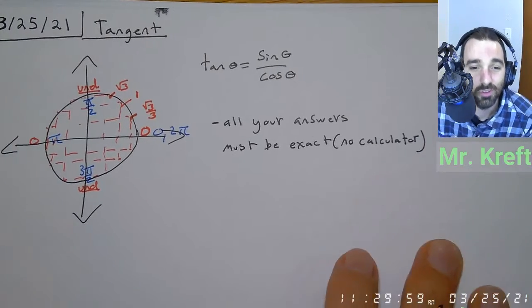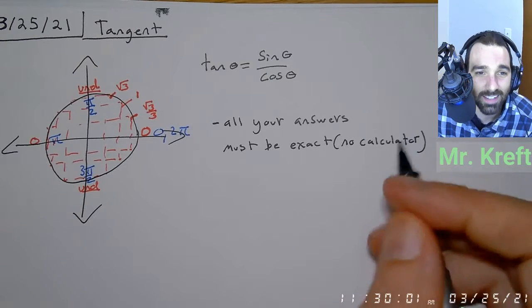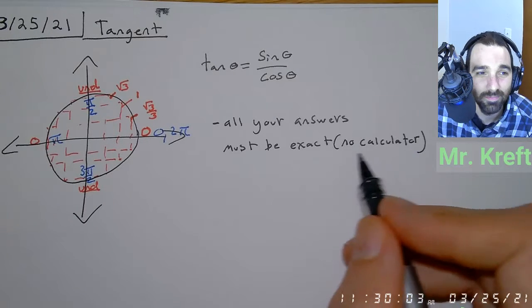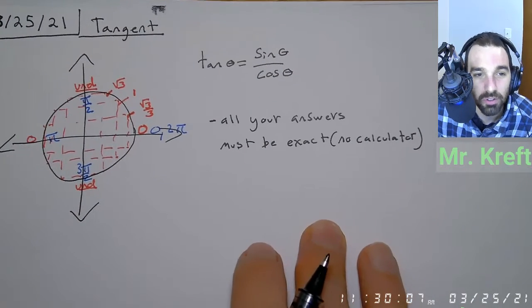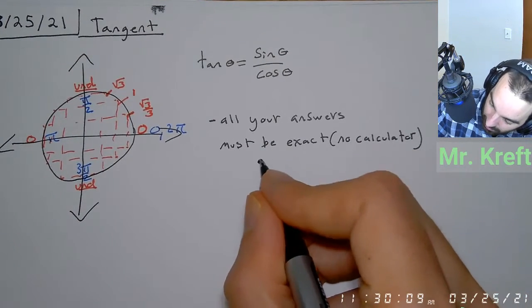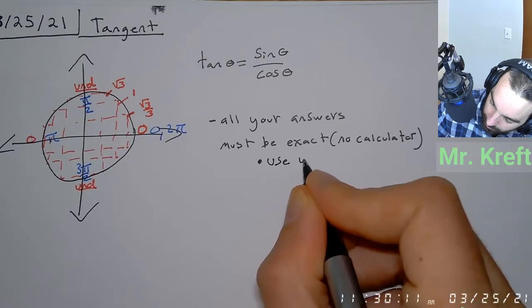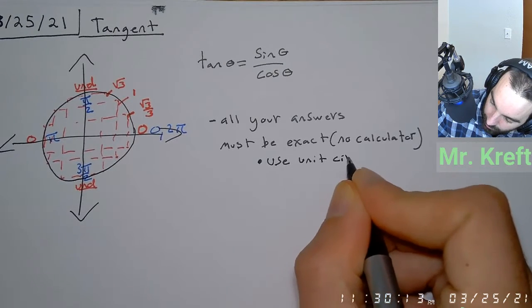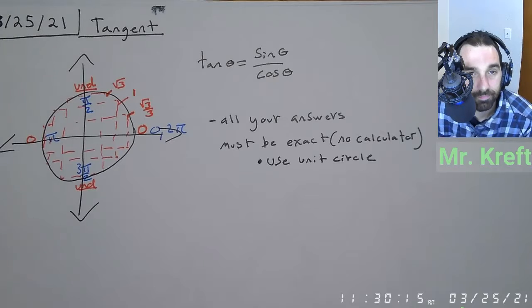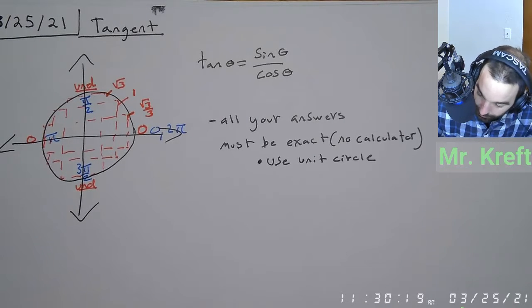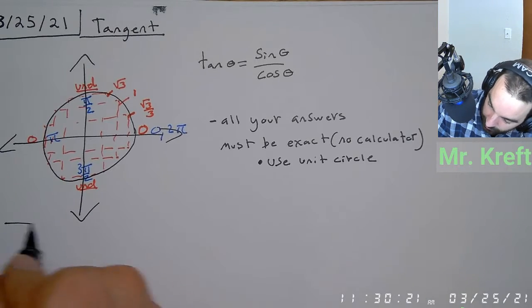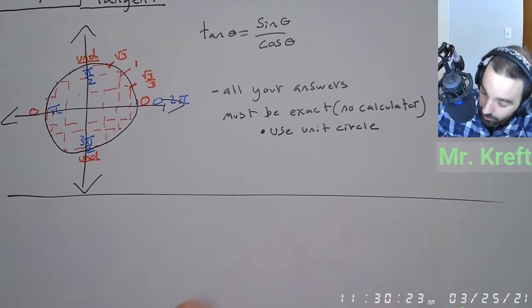There are a couple of different reasons for that, and one is that this way you can't cheat as easily. So all your answers must be exact. What does that mean? It means use the unit circle. Okay, so that's your basic for tangent.